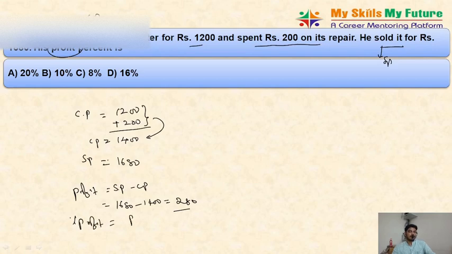Profit percentage will be equal to profit divided by cost price into 100. So what is the profit? 280 out of cost price, that is 1400, into 100.